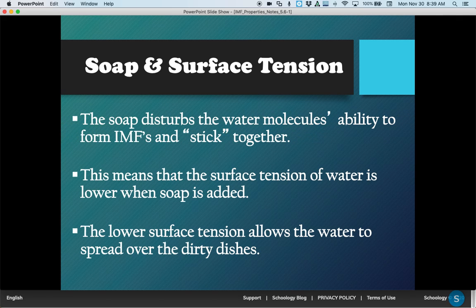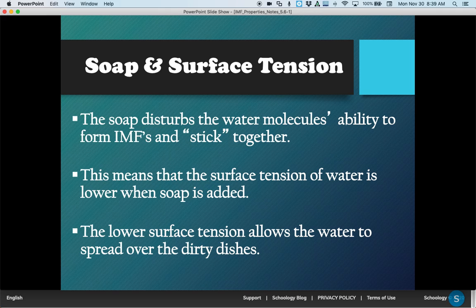And so what happens here is that the soap disrupts the ability of the water molecules to stick together. And so the surface tension of the water is lowered when the soap is added. And this allows your water to go everywhere.